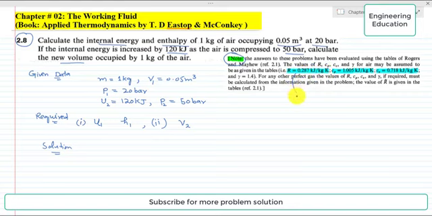Also, if we write it in joule per kilogram, it will become 287 joule per kilogram per Kelvin.